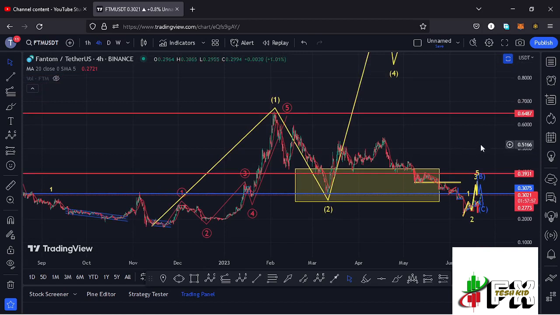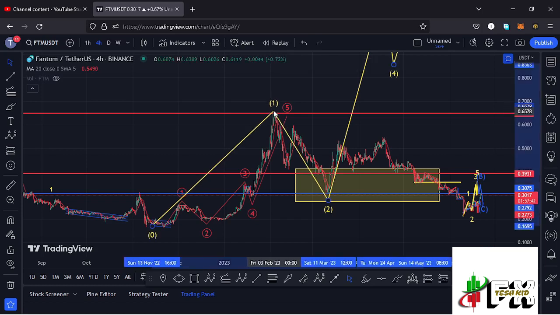On the 4-hour chart, you can see that after seeing the December lows, we saw a 5-wave move to the upside, having the wave 5 giving us a high at around the $0.65 mark, completing the formation of this larger Elliott wave count 1.